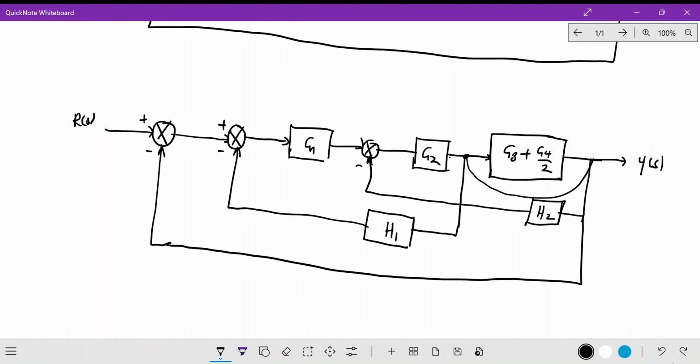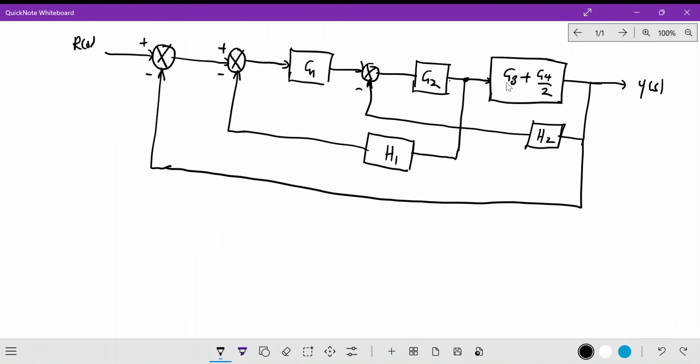And after doing that, you notice that G2 and this guy are going to be in series, right? They end up being in series. So let me just move that takeoff point. So I'm going to cross this again. You know that I'm moving the takeoff point ahead, so I need to do the division. So it will be H1 divided by this guy.